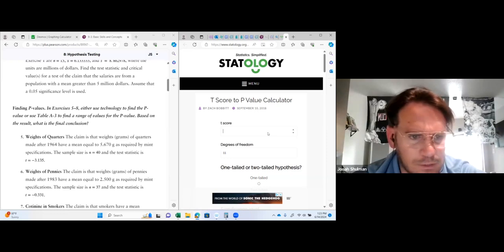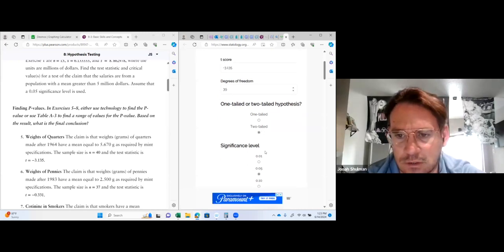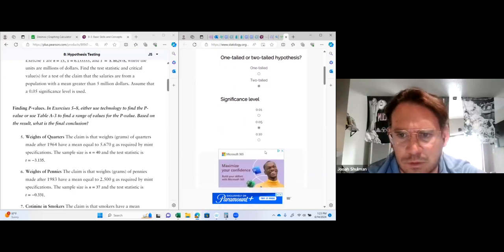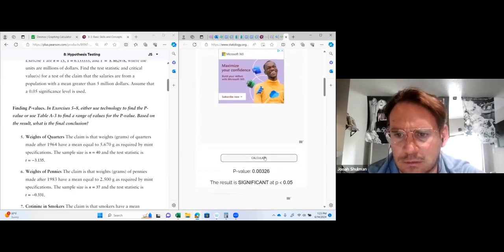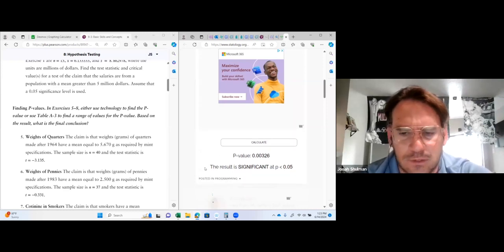For number 5, our t-score is negative 3.135. We have degrees of freedom of 39. It's equal to it, so it's two-tailed. Most likely it's 0.05. Let's calculate. 0.00326. It is significant.